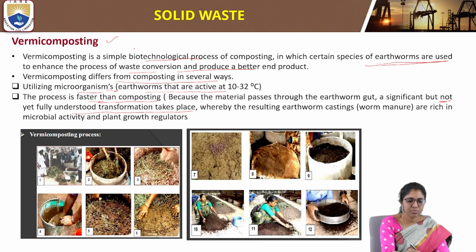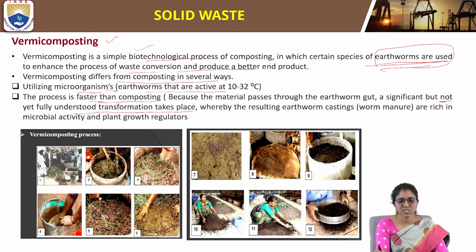By using earthworms, we can convert waste products into a useful, better end product. The manure resulting from earthworm castings is rich in microbial activity and also plant growth regulators.